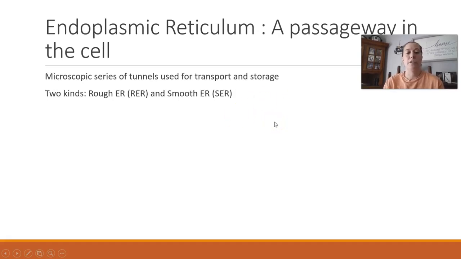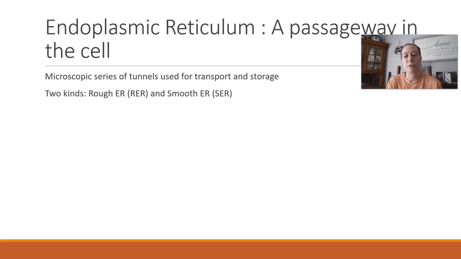All right, the endoplasmic reticulum, a passageway in the cell. It's a series of tunnels used for transport and storage. There are two kinds of endoplasmic reticulum: the rough endoplasmic reticulum and the smooth endoplasmic reticulum.